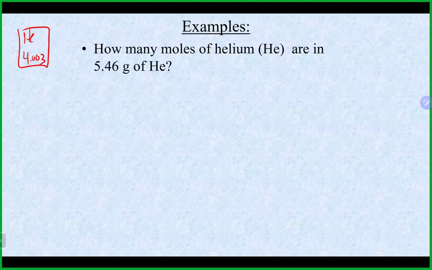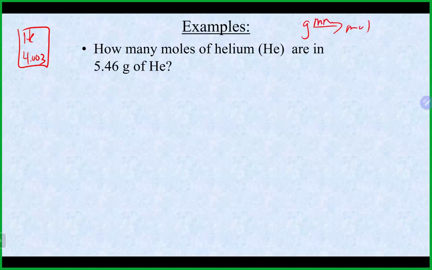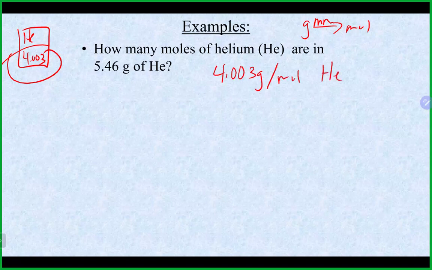So no mention of atoms, no mention of molecules. So you do not need to use Avogadro's number. This is basically a grams to moles situation, which is our molar mass that we get from the periodic table. So once again, this means that there are 4.003 grams per mole of helium.